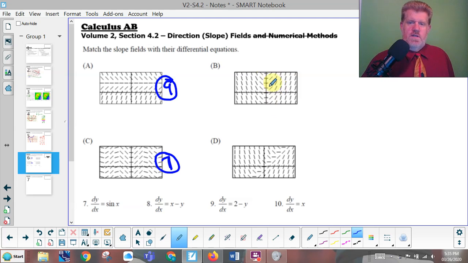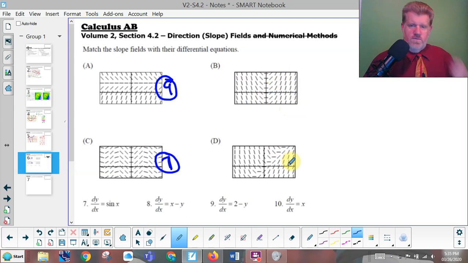All right, this pattern right here. Well, if you recognize it, it's one we already did. But notice how when x is 0, the slope is 0. When x is 1, the slope looks like it could be 1. The slopes are increasing as the x gets larger. And only the x is being affected.